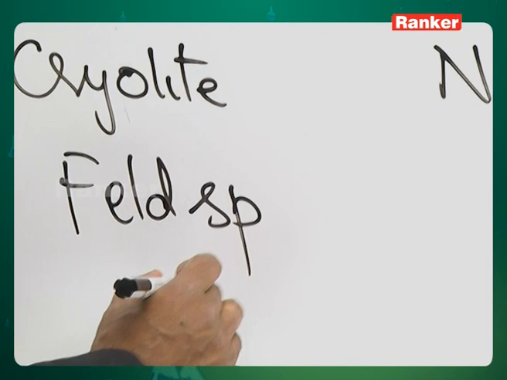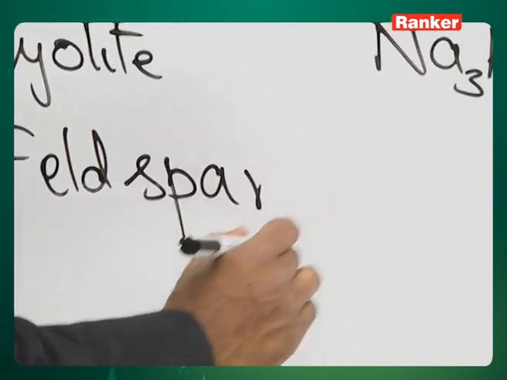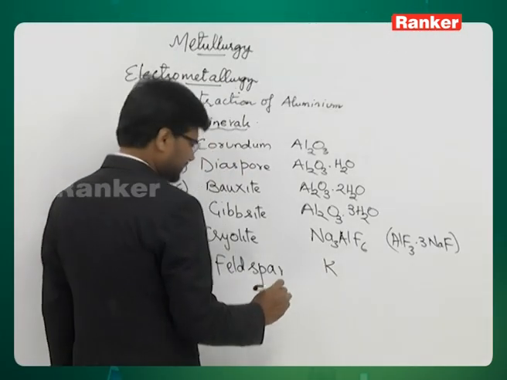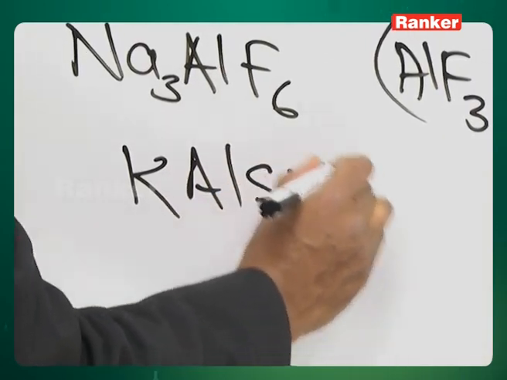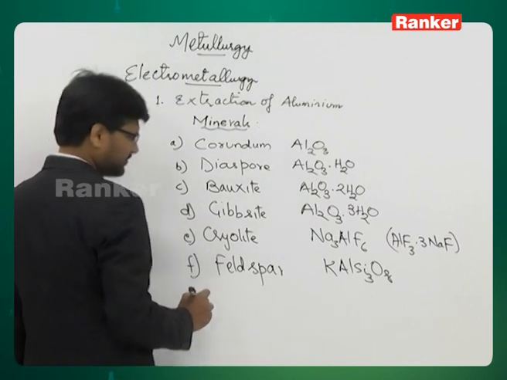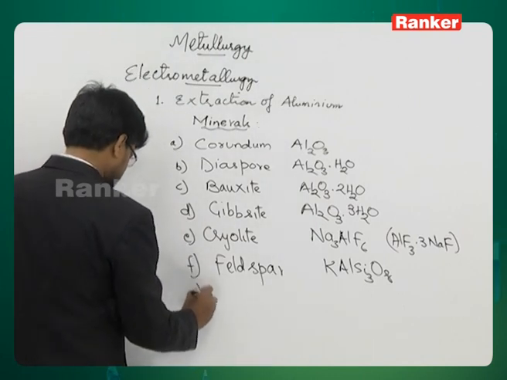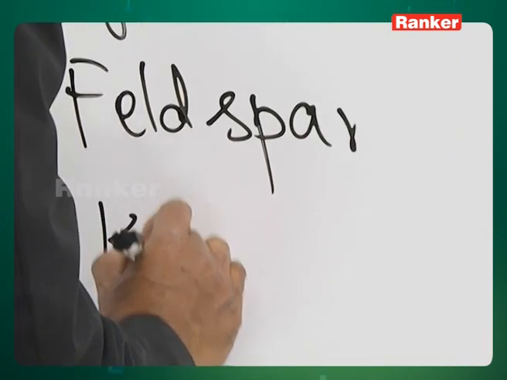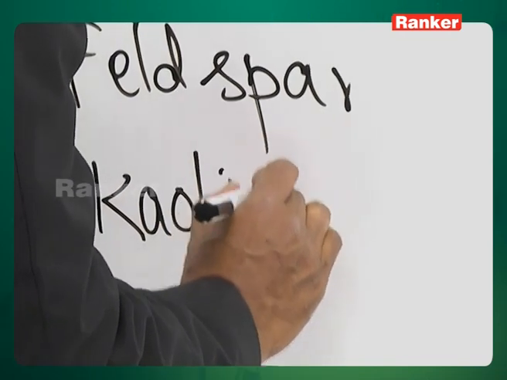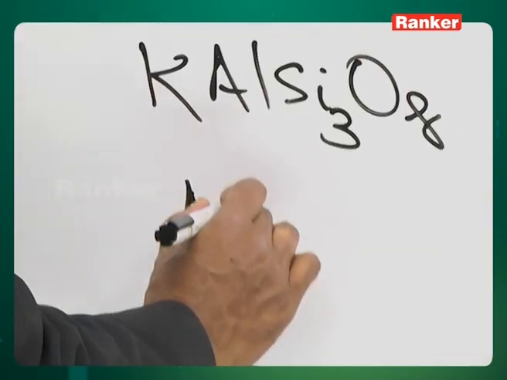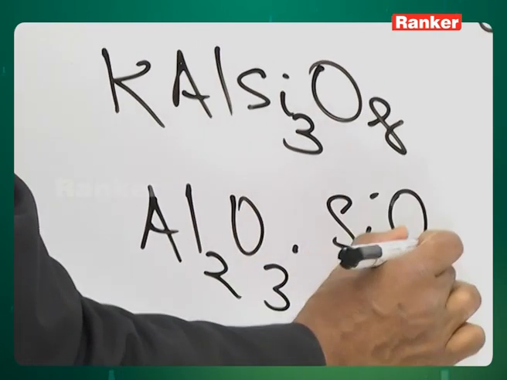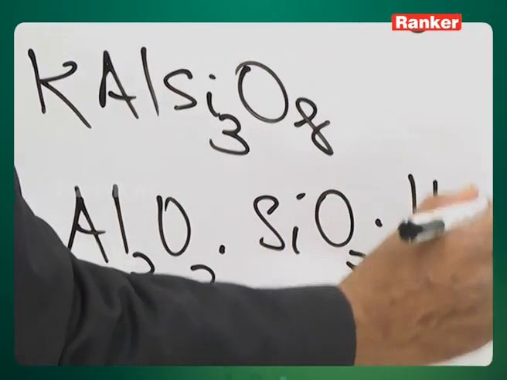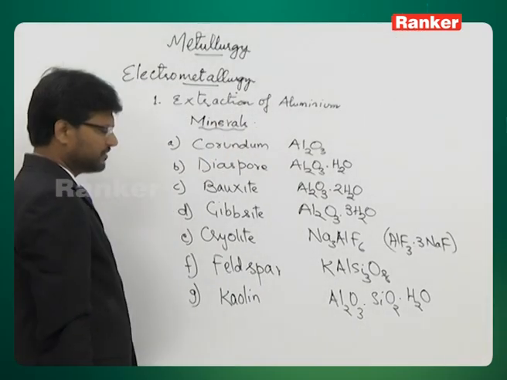Feldspar. It is a silicate mineral, KAlSi3O8. This is feldspar. Kaolin, Al2O3 dot SiO2 dot H2O.